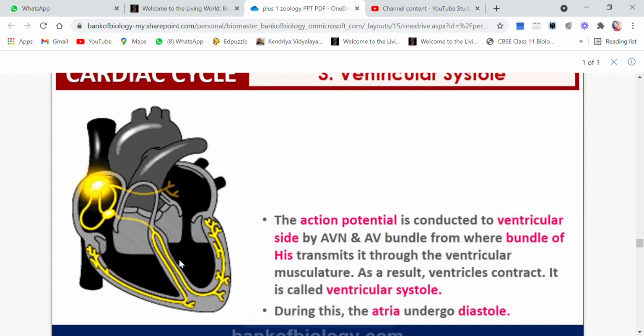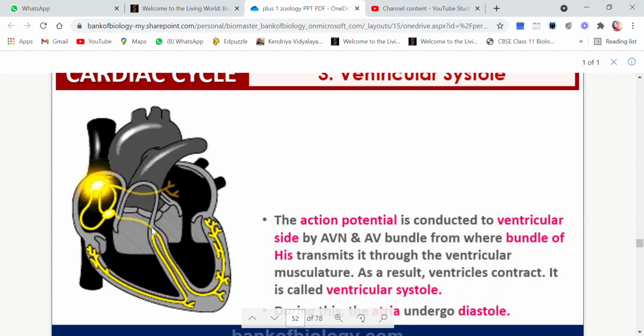Now the ventricles are filled up with blood. The action potential is conducted to the ventricle side. We all know that the action potential which started from the SAN has now been passed on to the AVN, and from the AVN to the AV bundle, from the AV bundle to both the walls of the ventricle.